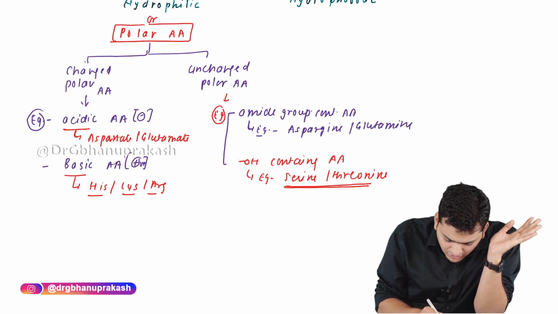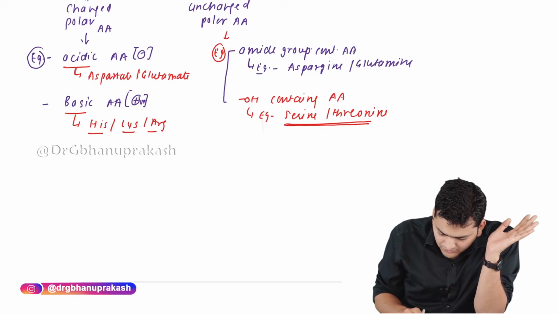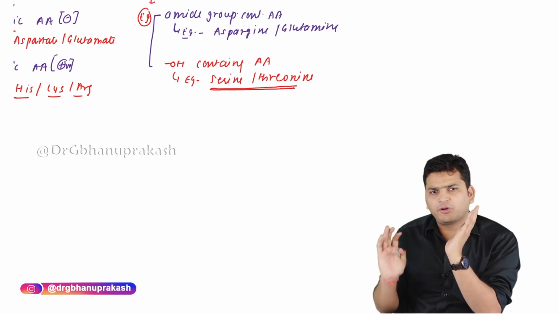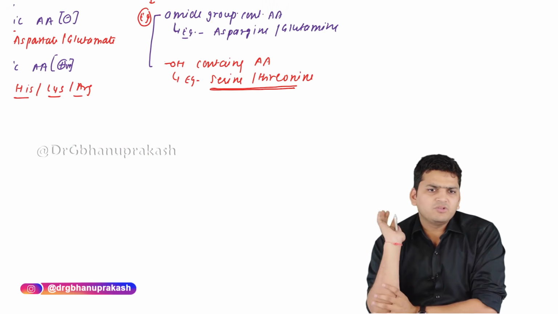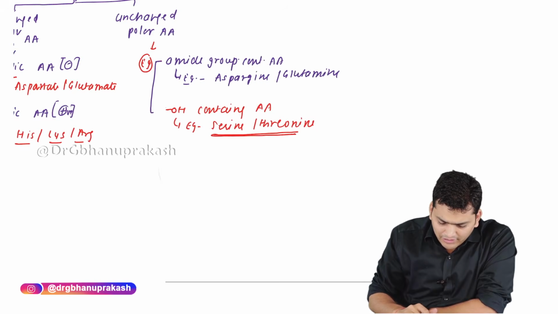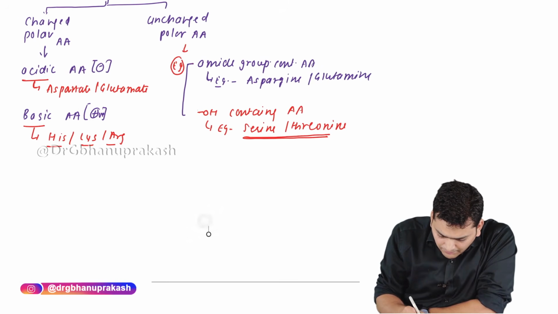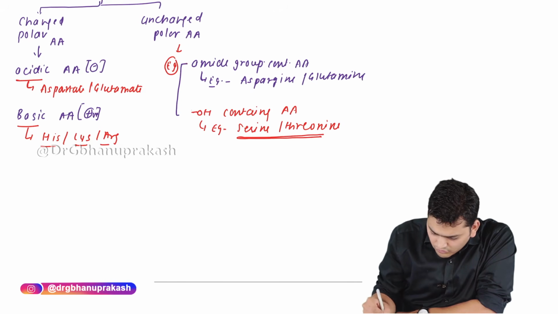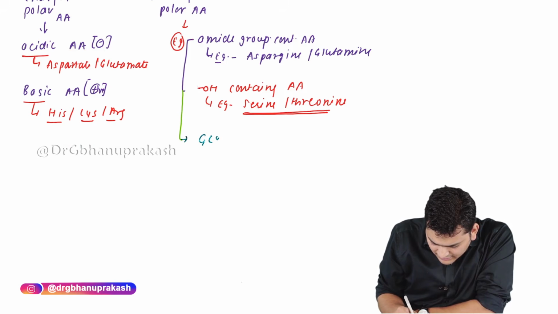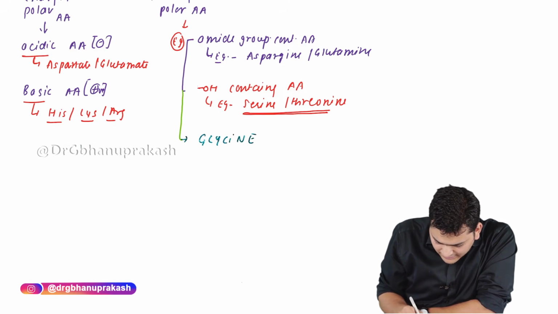Apart from these 4 categories, there are 2 more amino acids which are water soluble. Their entire category is not water soluble, but individually they are water soluble. So they will come under the category of uncharged polar. These are glycine and cysteine.